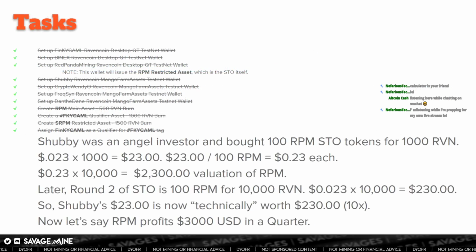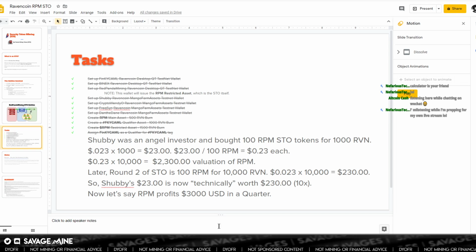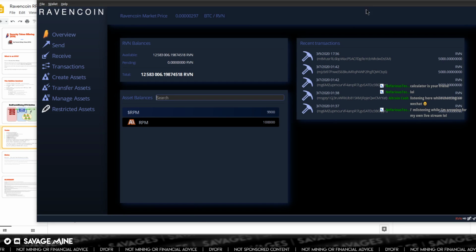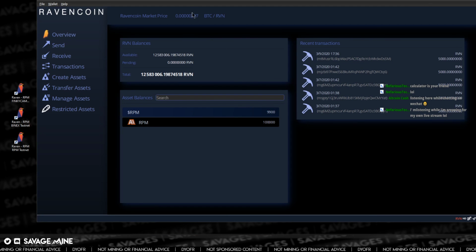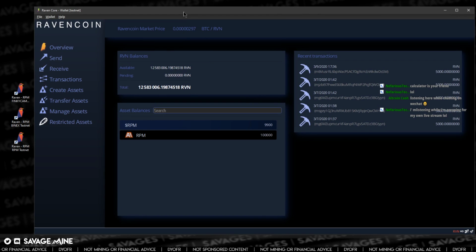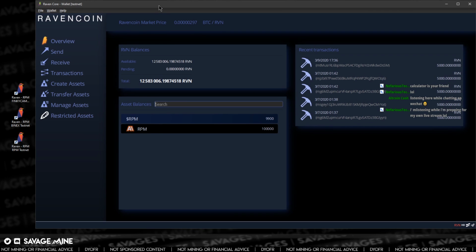All right. So let's get out of here and let's actually look at what I am talking about here. So here is the RPM wallet, the testnet wallet. And I think what we should do so that we know what's going on, there's a couple of things we need to do. One, we need to invest from the other wallets a little bit.